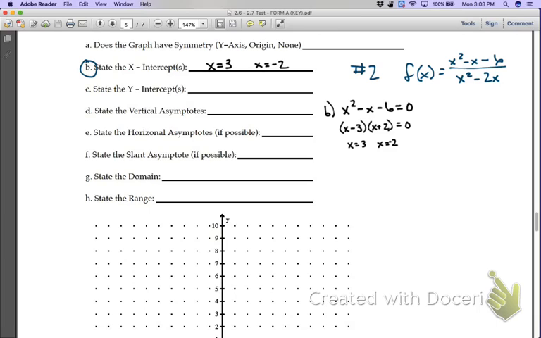Y-intercept: for the y-intercept you just set x equal to 0. So if I go 0 squared minus 0 minus 6 divided by 0 squared minus 2 times 0, what's the problem here?